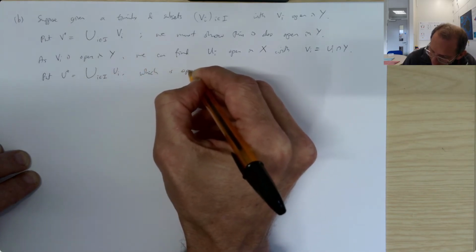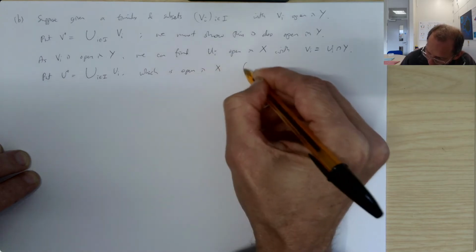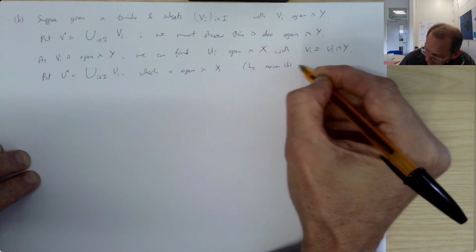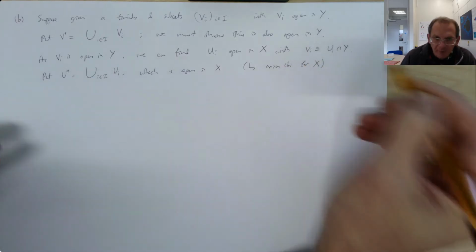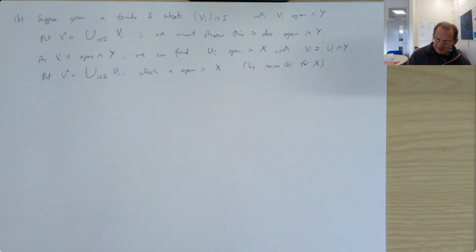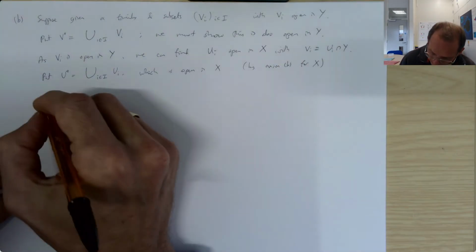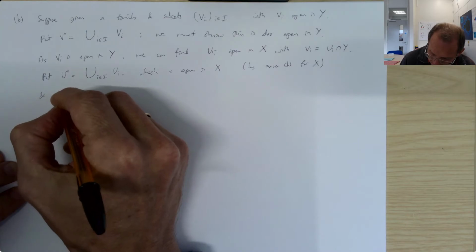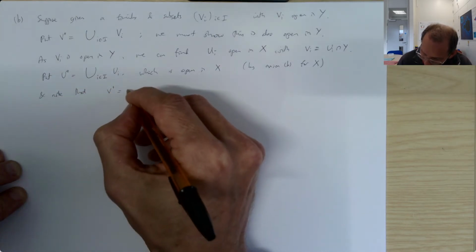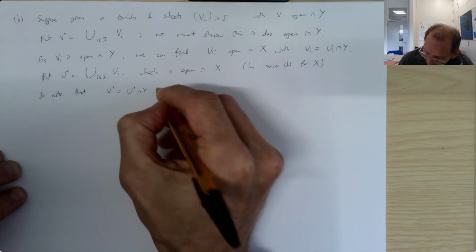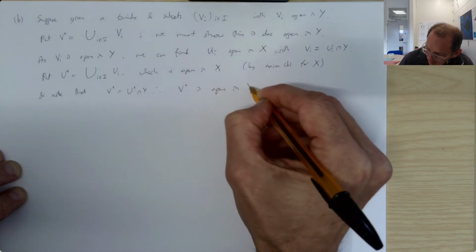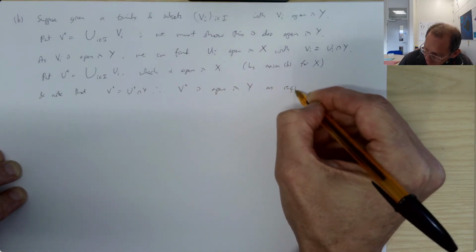So that's open in X. That's by an application of axiom B for X. Remember, X we're assuming is a topological space, so therefore in X the union of any family of open sets is open. And then it's easy to see that V upper star is just the same as U upper star intersect Y. Therefore V star is open in Y as required.